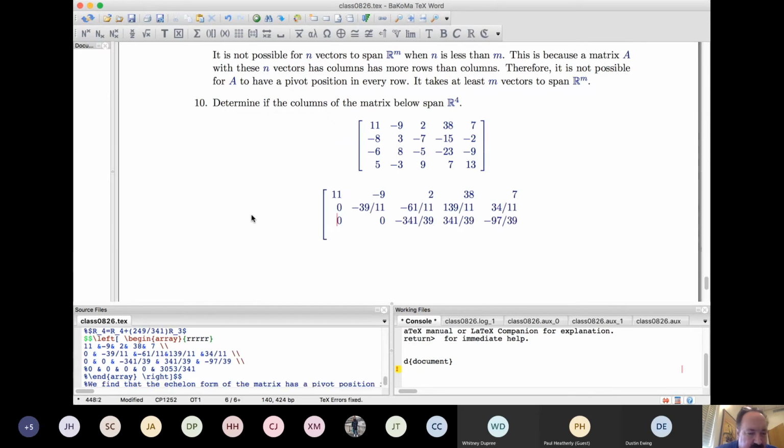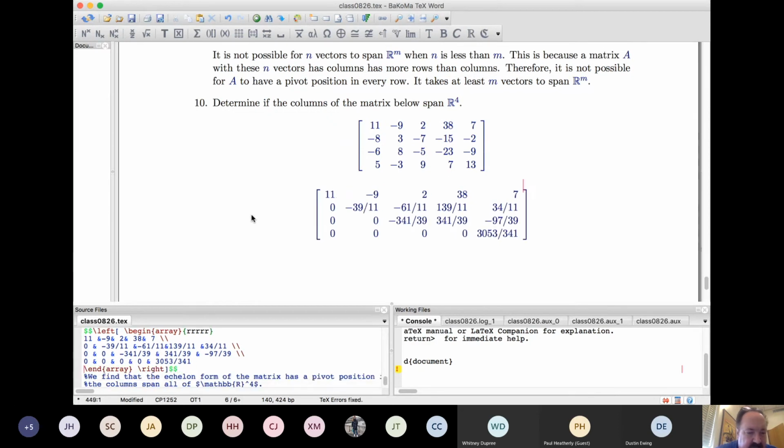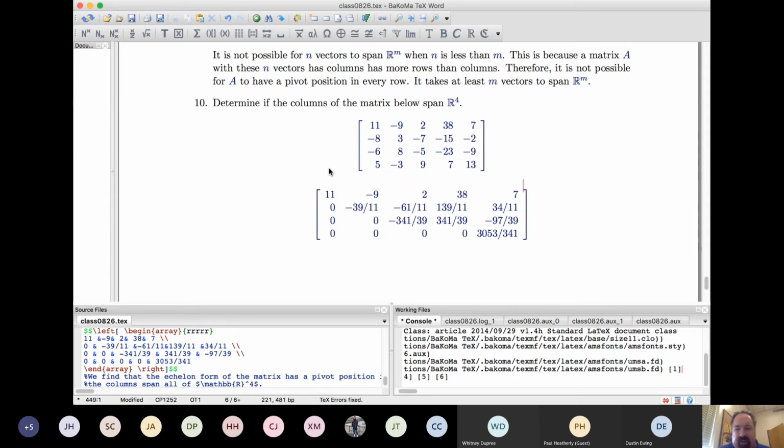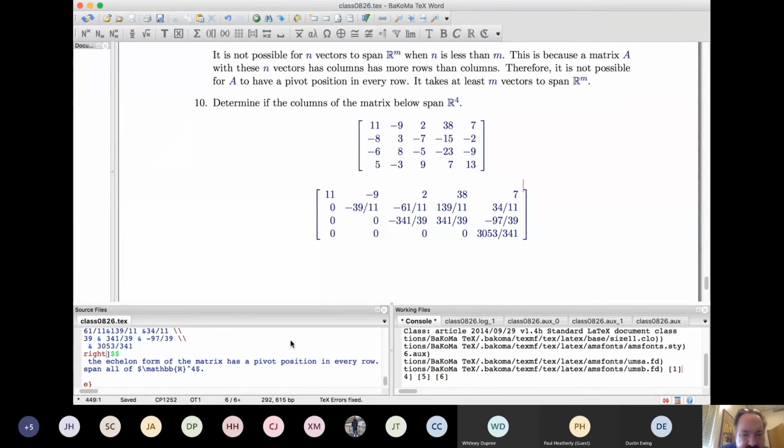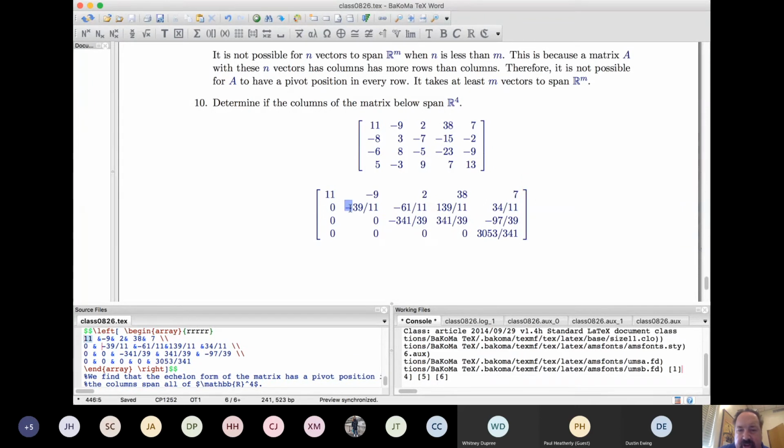When I post this in Canvas later, I'll show the rest so that you can see all of the row operations that got us from the original to this. What we find here is that we have pivot positions in the 1-1 position, 2-2, 3-3, nothing in column 4, but we do have a 4th pivot position in row 5.